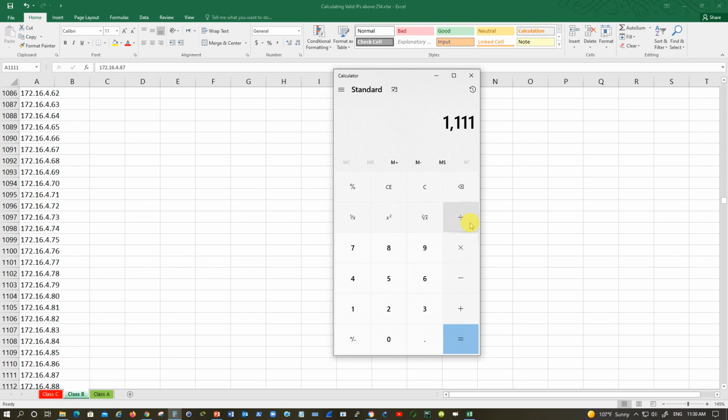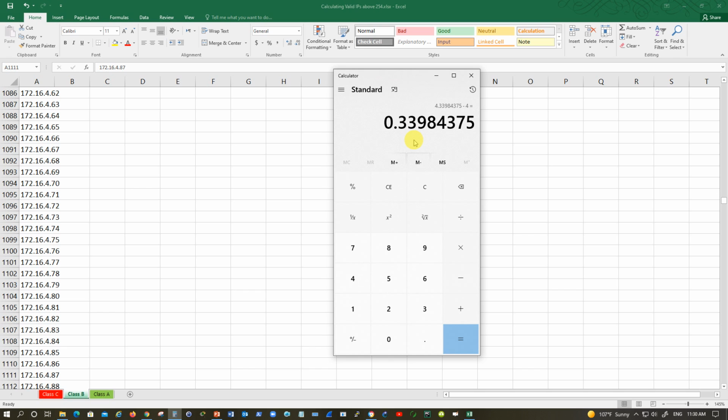Let's try to verify using the calculator how you can figure out this one. 1111 should be divided by 256, because the total size of one octet is 0 to 255, which equals 256. You get this value. 4 is for your third octet. You got 4 here, see, 4. Now what I will do, I'll subtract this 4 from it, minus 4, whatever number you have there, just subtract it.